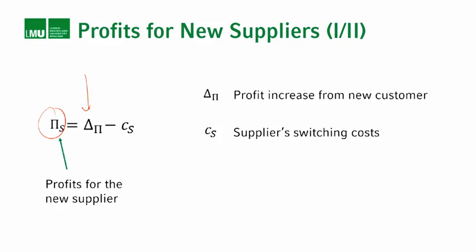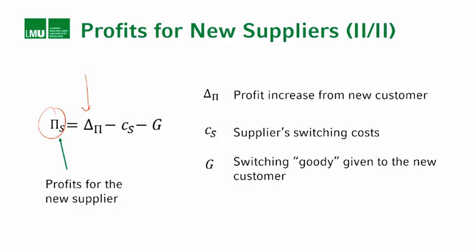The supplier switching costs, these are basically the costs that you have to incur to make the consumer switch, right? So these could be advertising costs, marketing costs, product development costs, and so on. Anything that makes the consumer want to switch. And finally, as I mentioned from the consumer's point of view, a new supplier has the option of giving a goodie to the new consumer.